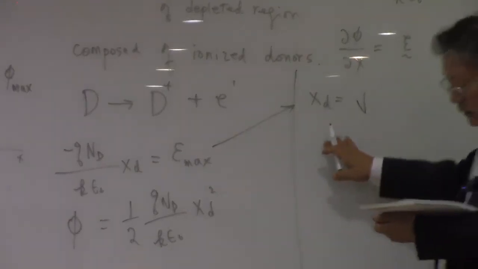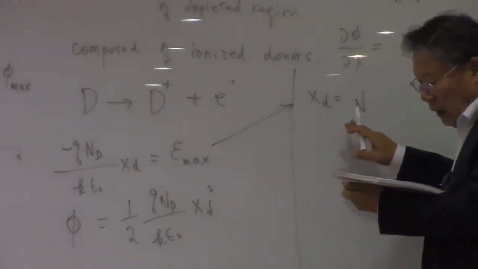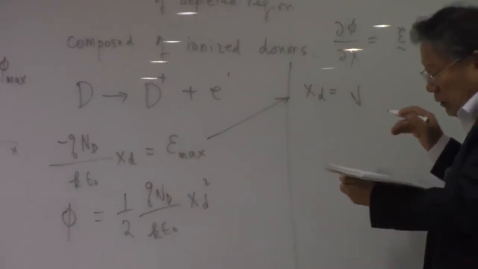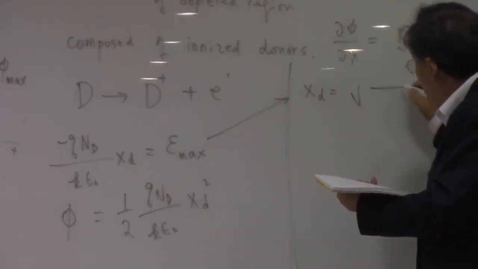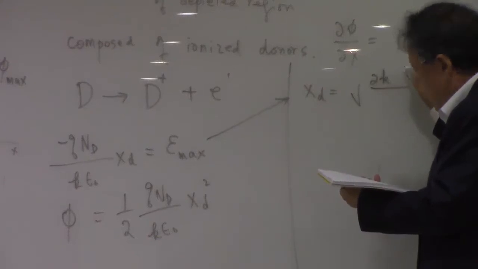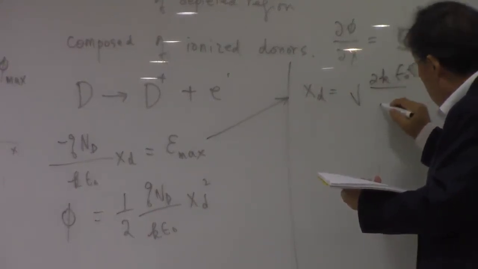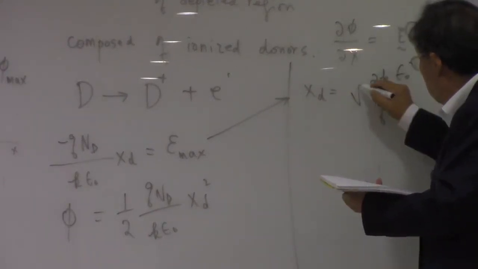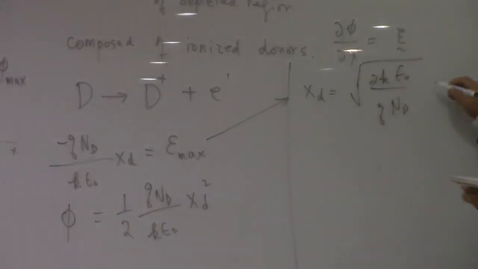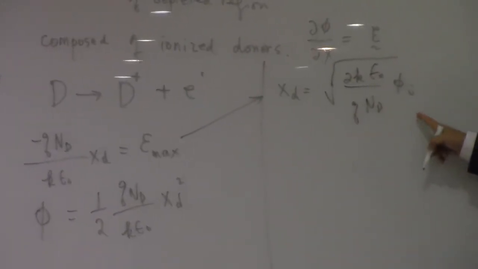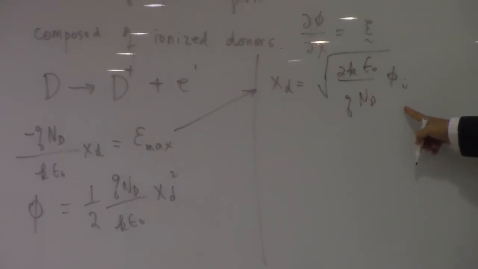That's what this depletion region length is, and it can be calculated. And all these numbers we know. Phi I, the built-in potential, can be measured separately.